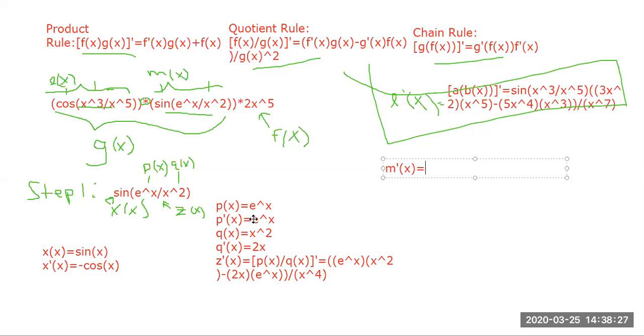Okay, so we gotta find our x is gonna be our g, and our z is gonna be our f. So we got x of z of x.